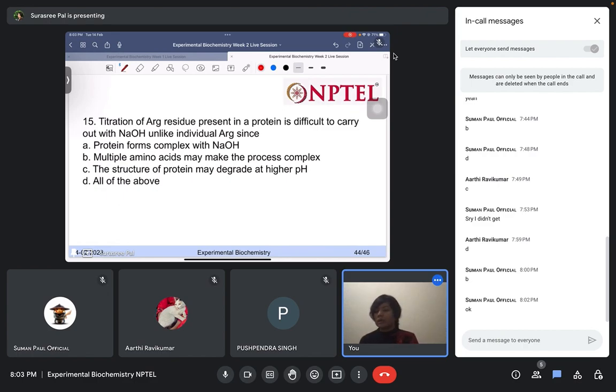So the correct answers are B and C: there are multiple amino acids together, so the determination of the pI or titration is difficult, as well as when you are increasing the pH, the protein will lose its structure. So the titration is not easy like the individual arginine residue, right?